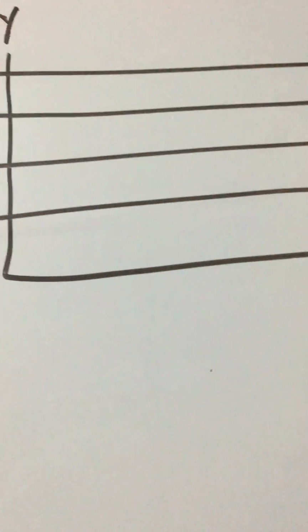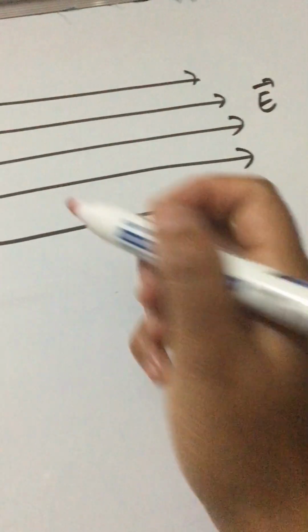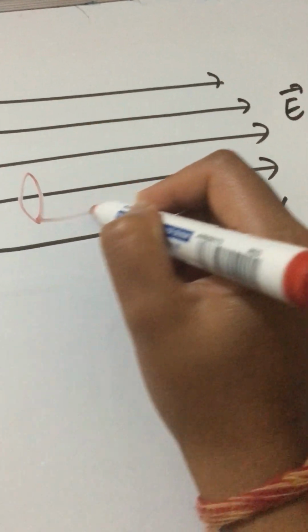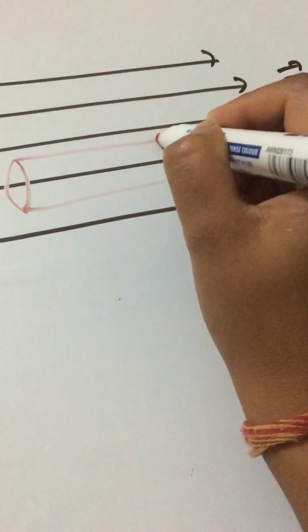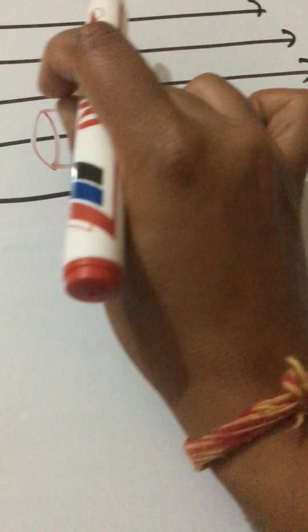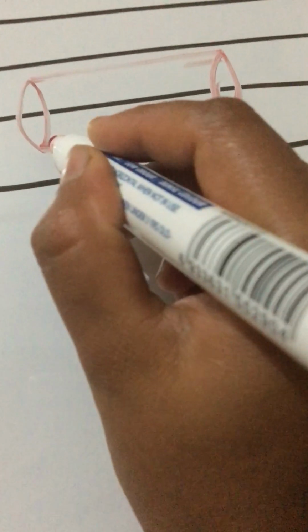Now suppose here I consider a cylinder. I hope you can see it. It looks so bad. Of uniform cross-sectional area. Now, can we find the flux through it?